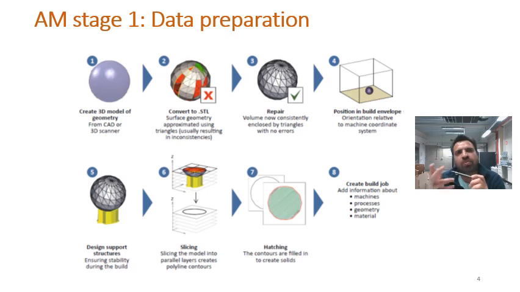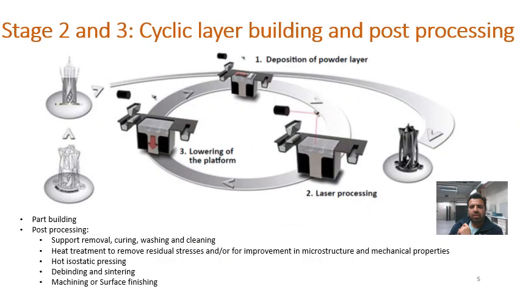Quantum AM, supplied by Renishaw, is also another example of the software used for data preparation, also known as build preparation. After data preparation, the next stage is part building, which is also called cyclic layer building. This is actually the physical part of the AM process.